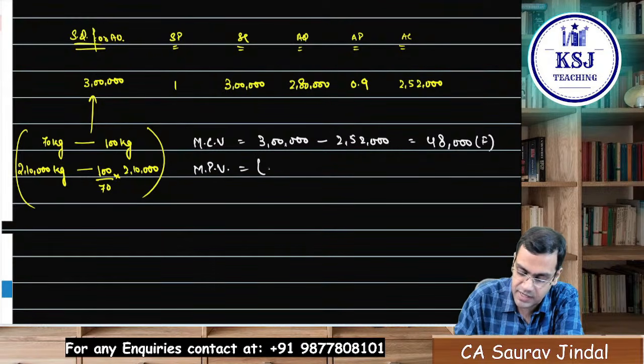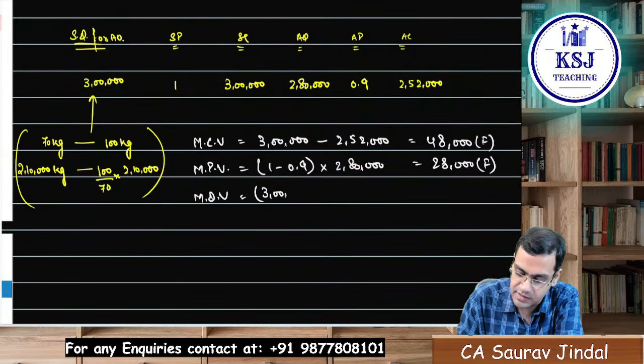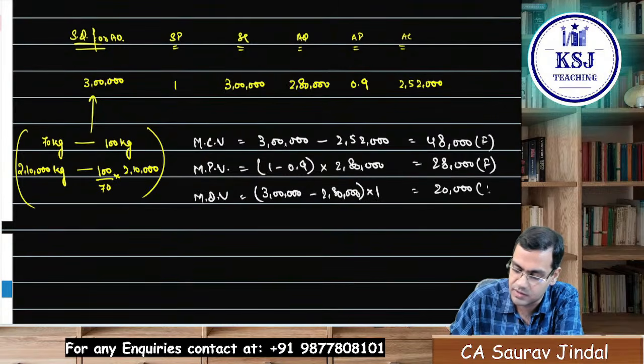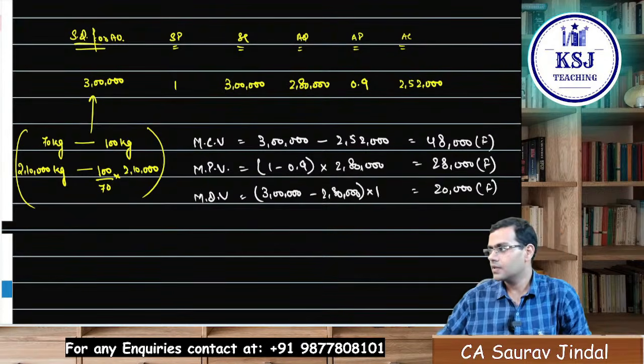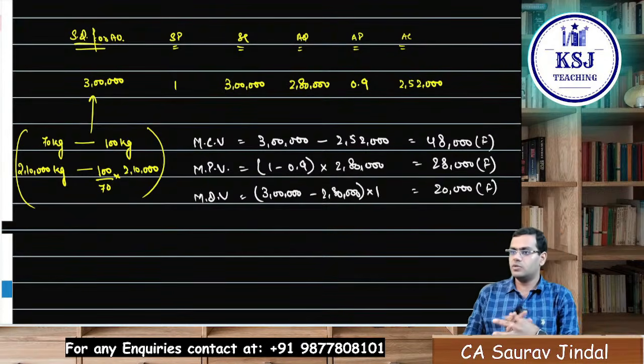That is standard price minus actual price into actual quantity, 28,000 favorable. And material quantity variance, standard quantity is 3 lakh, actual quantity utilized is 2,80,000 multiplied by standard rate 1, that is 20,000 favorable. Any doubts in question number 2?